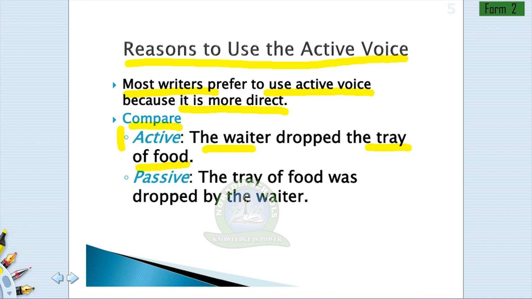Here the waiter is the subject of the sentence, and the tray of food is the object. The tray of food was dropped. Now we don't even know who dropped it. If we stop there, it is straightforward and every person can understand, but there is no subject. So if we don't like to mention the subject, we can keep it like this. The tray of food was dropped by the waiter. This we call the agent. Sometimes we add it and sometimes we omit it.